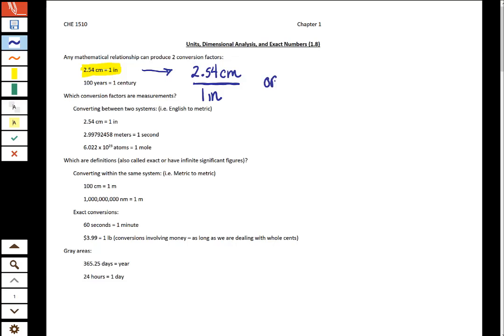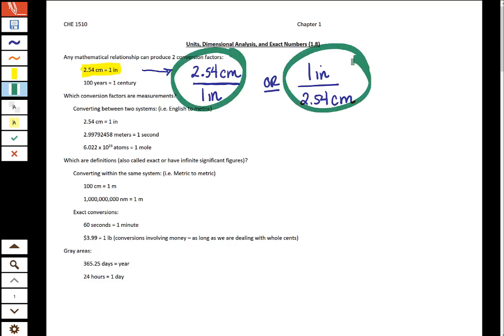And we can also flip this and have our 1 inch on the top and our 2.54 centimeters on the bottom. So what we'll do at the bottom of this page, after we talk some more about conversion factors, is utilize this specific conversion factor to decide, when do I know I need to use this one versus when do I use this one? So let's talk about conversion factors in more detail.